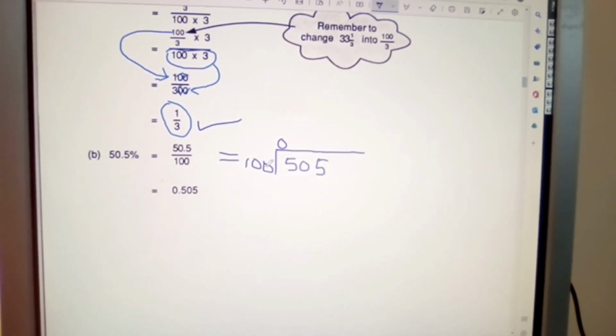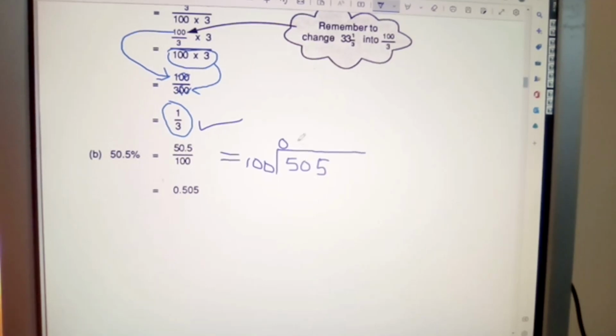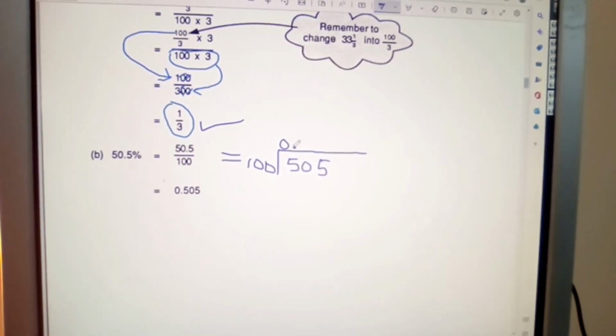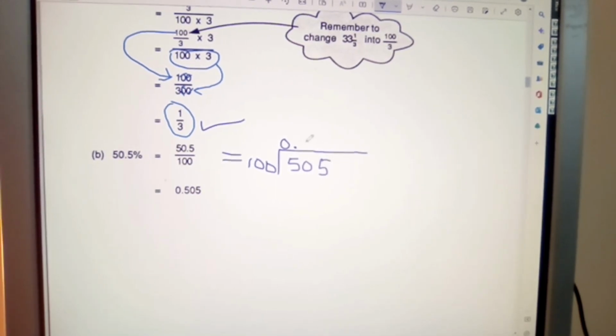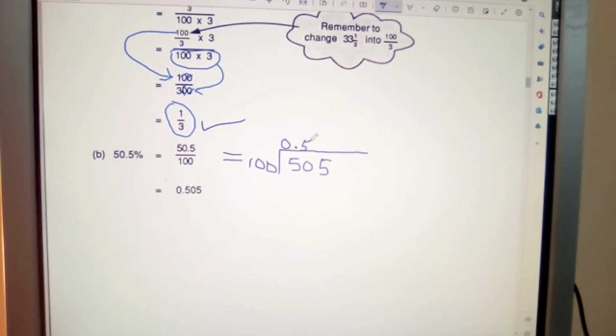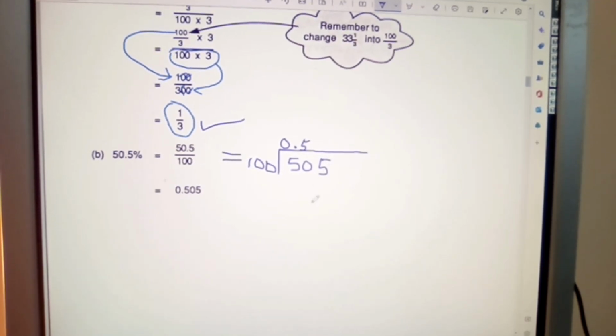But it is 100 into 50 won't go, not decimal point. Okay. Now, ignoring the decimal point that's here, 100 into 505 will go 5 times. That will go 5 times.